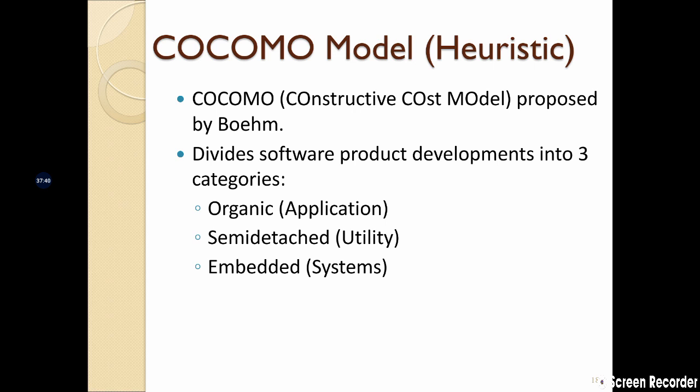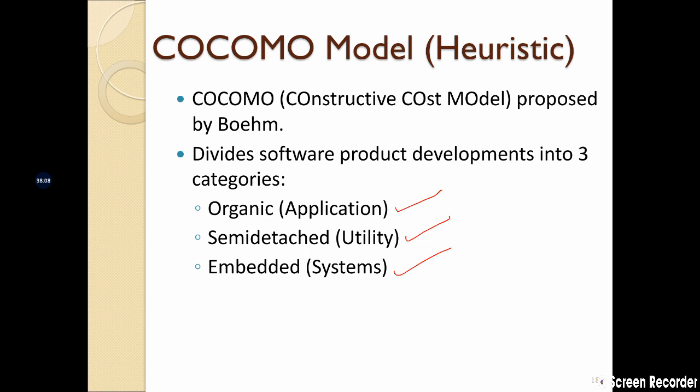You have 3 different formulas available for products of different kinds. You can have an application system, a utility system, or an embedded system. Depending on what kind of problem you are trying to solve and estimate, you have different mathematical formulas for it.